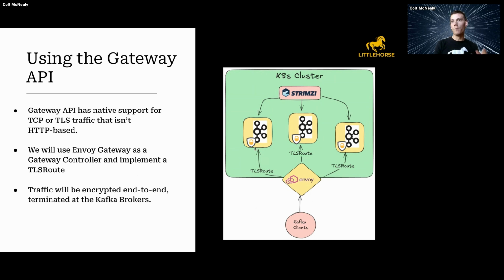And the TLS route is kind of like the equivalent of Ingress here. So the Kafka brokers will be terminating the TLS encryption, and everything goes through Envoy. Envoy doesn't actually inspect the traffic. There are other ways where perhaps you could write a filter that understands the Kafka protocol, but we haven't necessarily needed to do that in Envoy at this point.